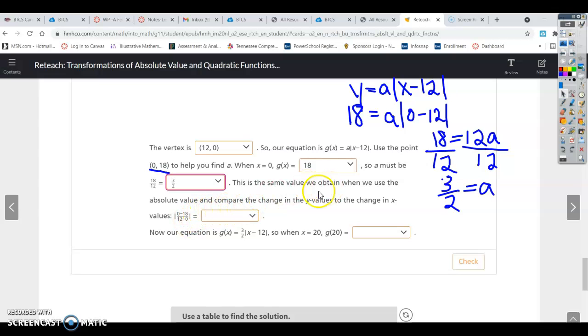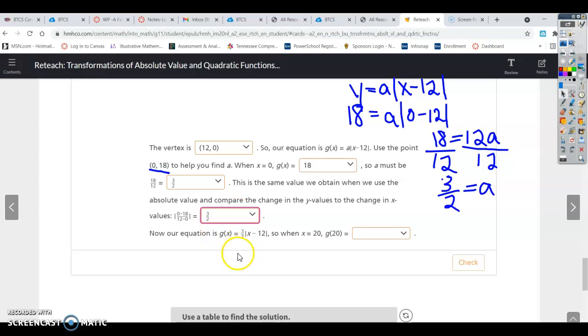This is the same value we obtained when we use absolute value and compare the changes in the y values. So they did the difference in y's here. So that's also going to be 3/2. And it says now our equation is g of x equals 3/2 times the absolute value of x minus 12. So all they did is substitute 3/2 in for a. Same equation here.